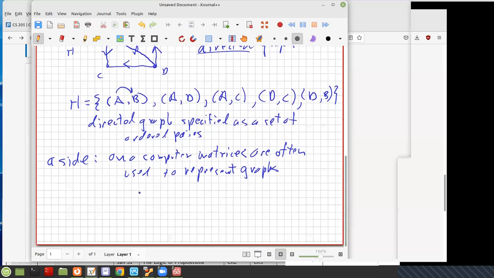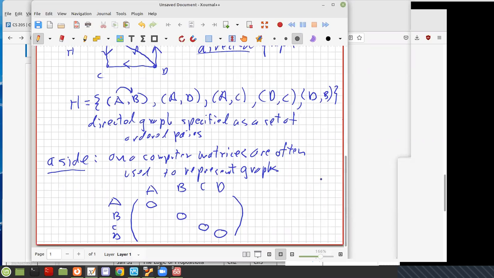So for example, we might have the nodes label the columns and the rows. Then the matrix would be a two-dimensional array where if you put a 1 in here, that means that they're related.